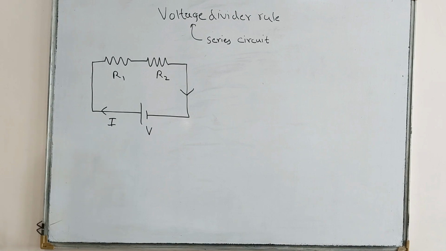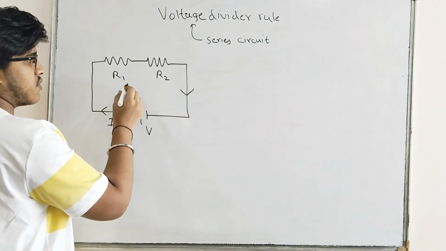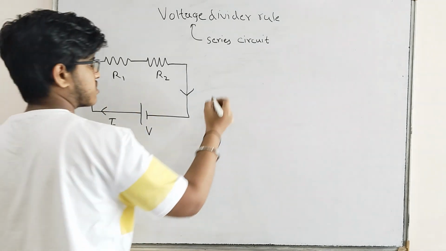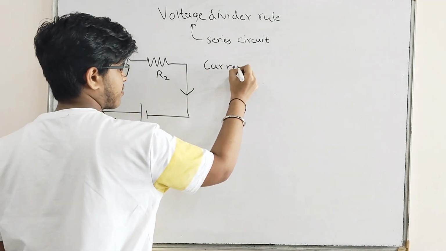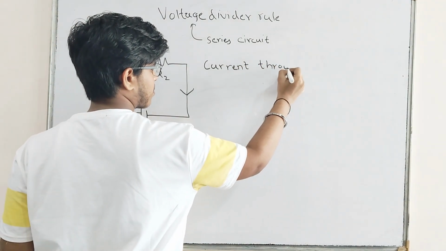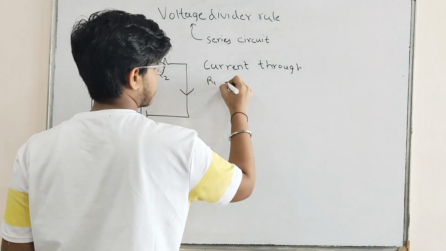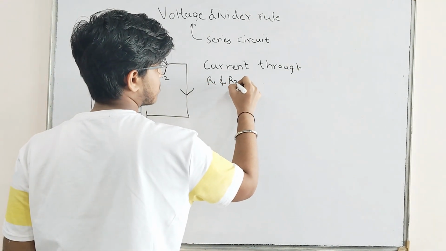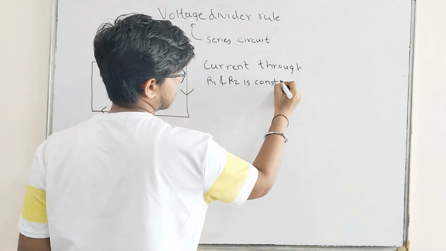Okay, so in series circuit, the current through R1 and R2 is constant.